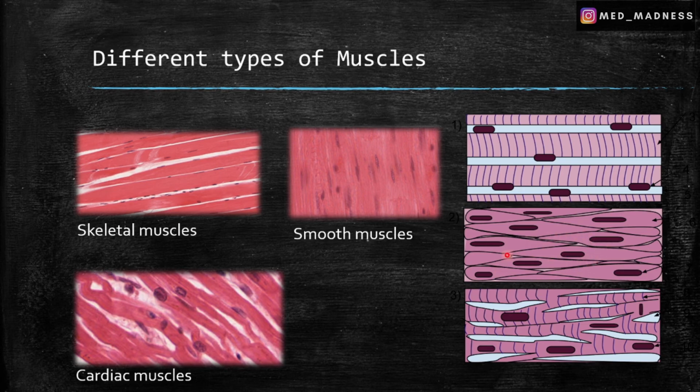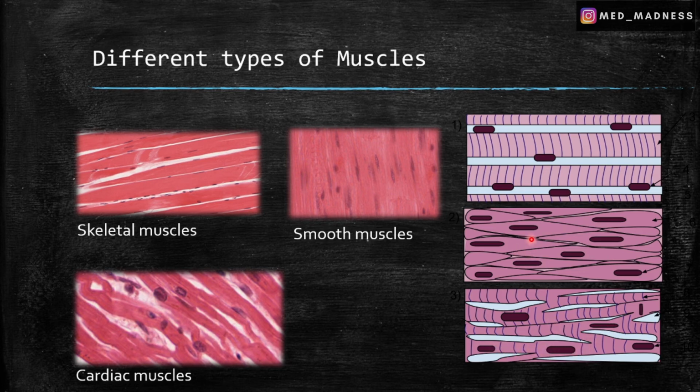Fine. How can you differentiate between skeletal muscle and cardiac muscle? Two points. Look at the nucleus. In skeletal muscle the nucleus lies at the periphery, while in cardiac muscle the nucleus will be centered here. Also look at the branching pattern of cardiac muscles. It's very specific to cardiac muscles.